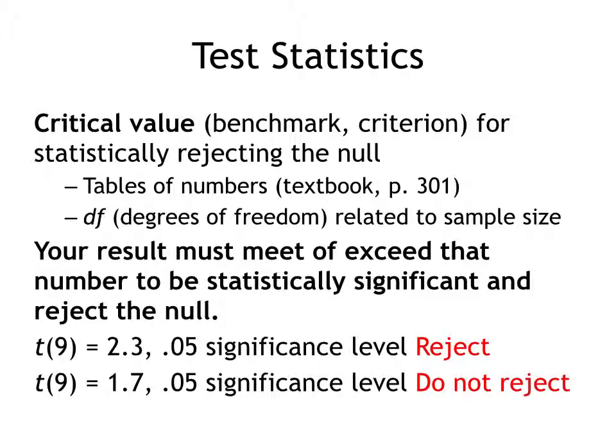However, same degrees of freedom, 9, if you ran the test and your test statistic ended up being 1.7 at the same significance level, that's below that critical value in the table. So you do not reject the null hypothesis.